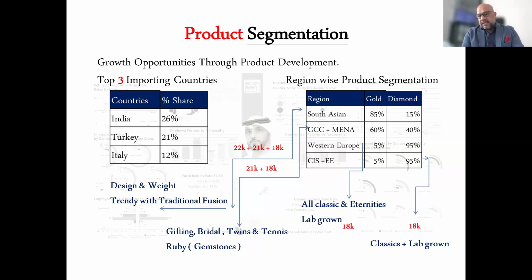All your tennis bracelets, tennis necklaces, that is what works. Ruby, in terms of gemstones, is very popular. Similar with Western European and CIS, it is almost the same, all classics, eternities, and a lot of focus on lab-grown. This is a very top-level product segmentation.